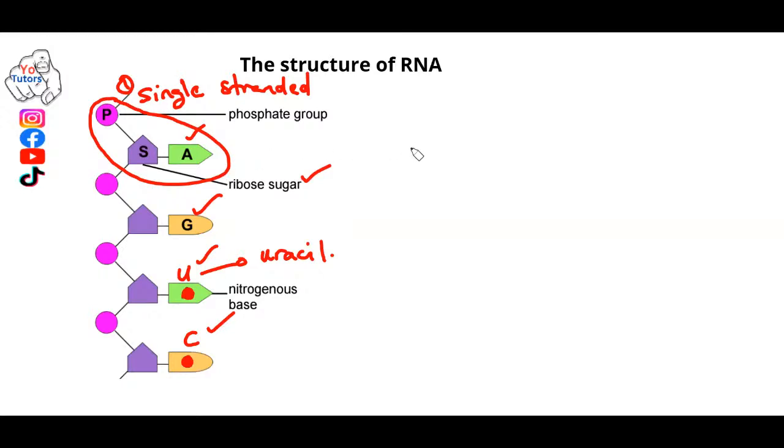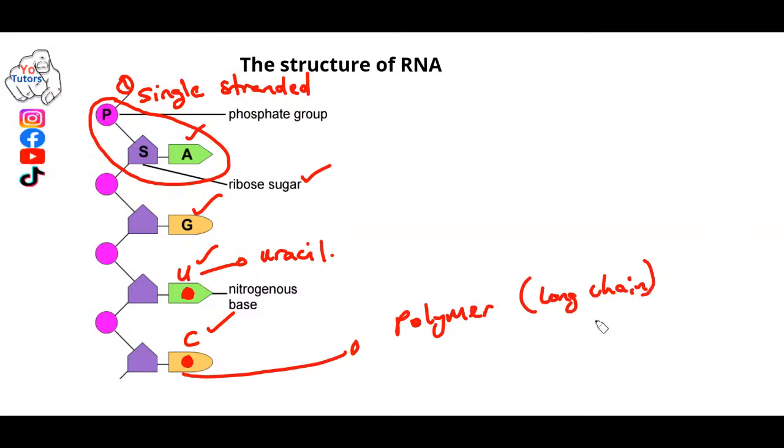So it's single-stranded, and as you can see, it's a polymer. Again, it's a long chain, so it's a polymer. It's made up of monomers of the nucleotide.